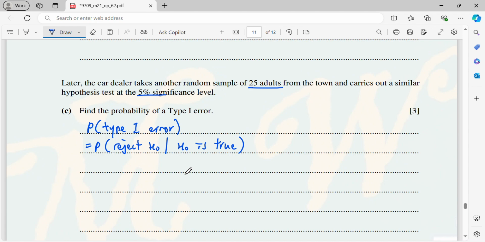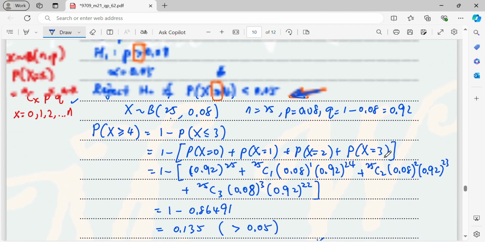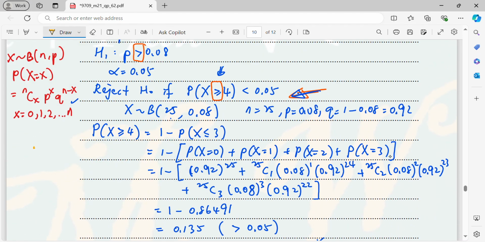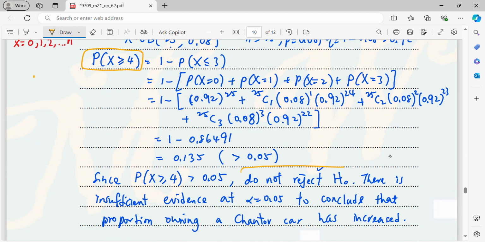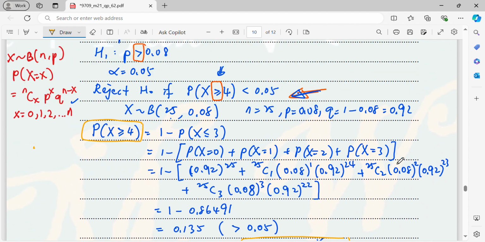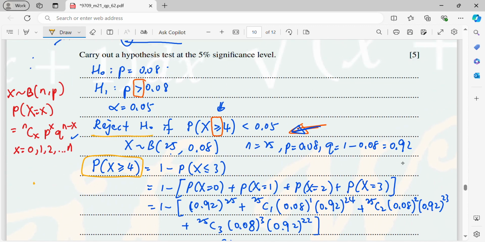Now look at the previous calculation in part A. When X is greater than or equal to 4, we do not reject H naught. So now we need to find when we reject H naught.